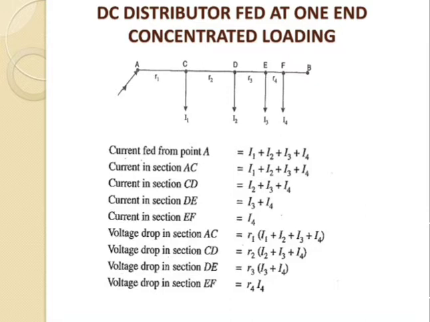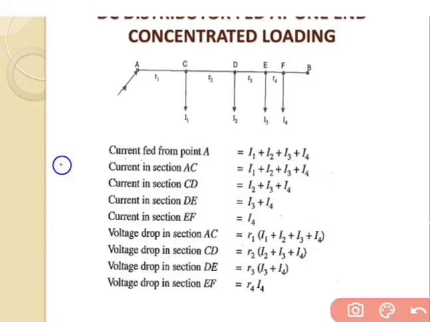This DC distributor is fed from one end only, so the maximum current is fed from point A only. The current at the source end is I1 plus I2 plus I3 plus I4. The current flowing through the first section, AC, is I1 plus I2 plus I3 plus I4.